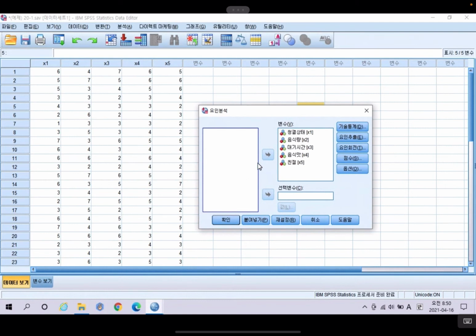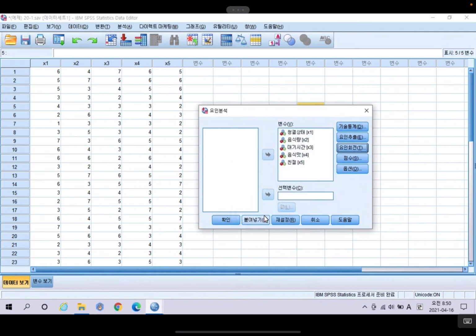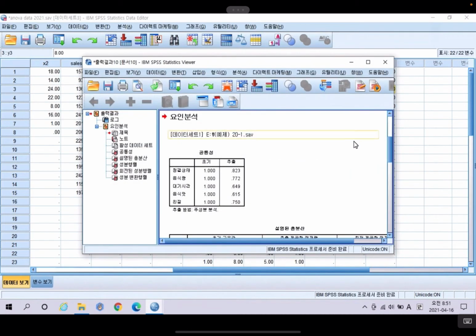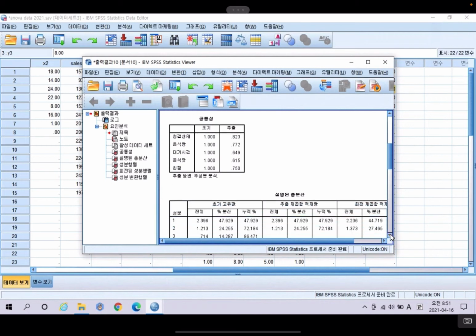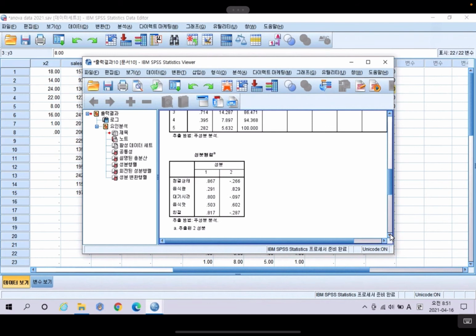And I already moved five variables to the right. And you go to the factor rotation, you choose Varimax and continue and enter, right? And you get the results like this, right?